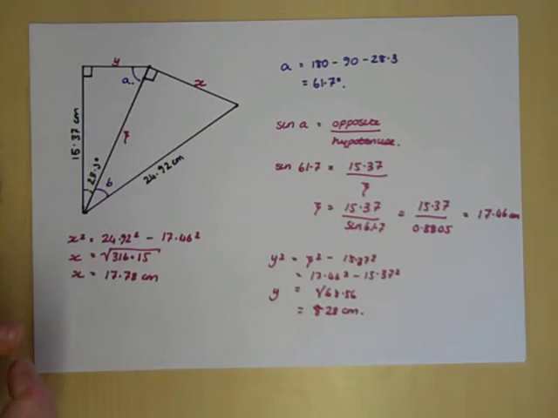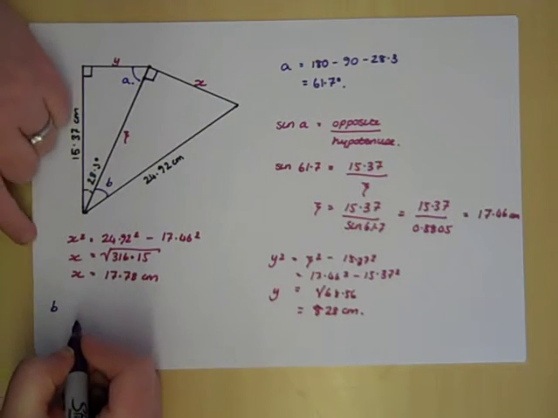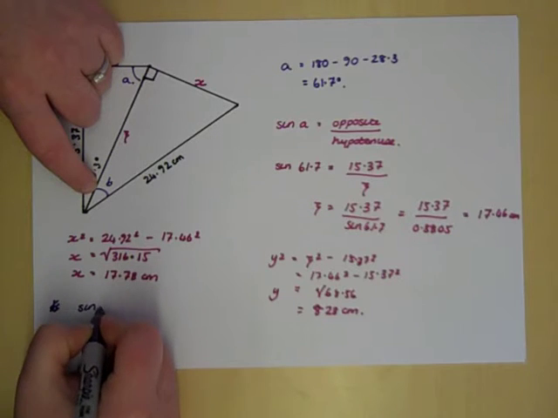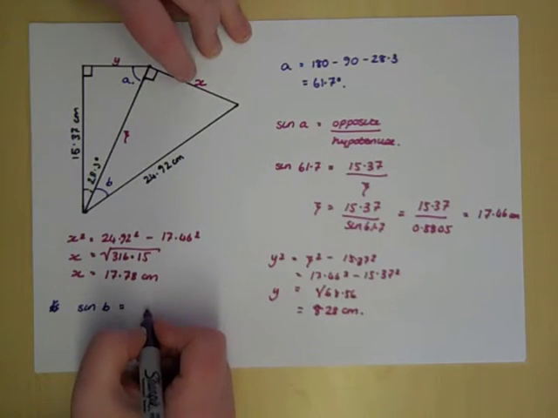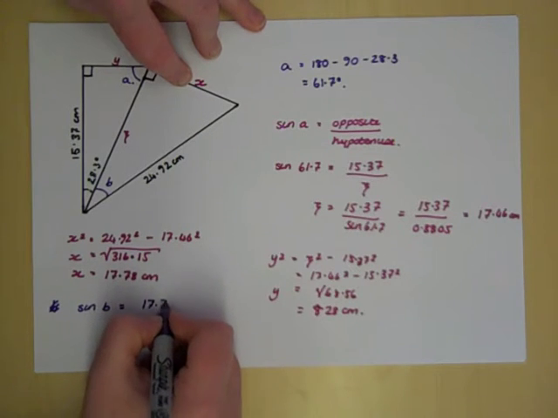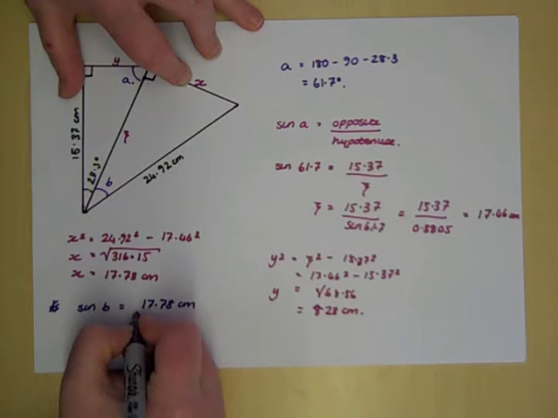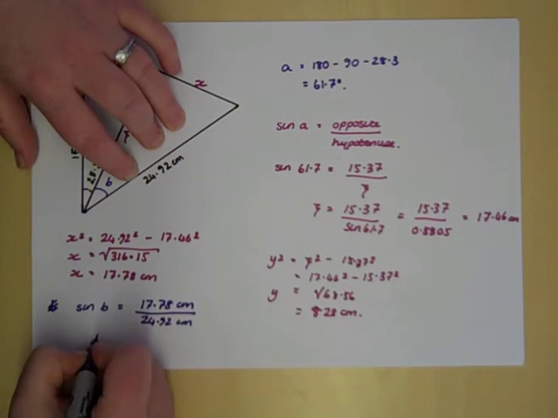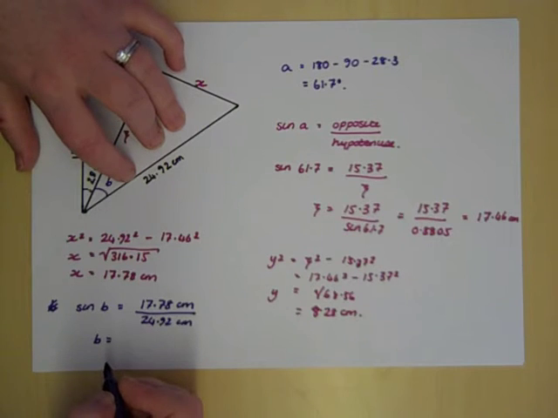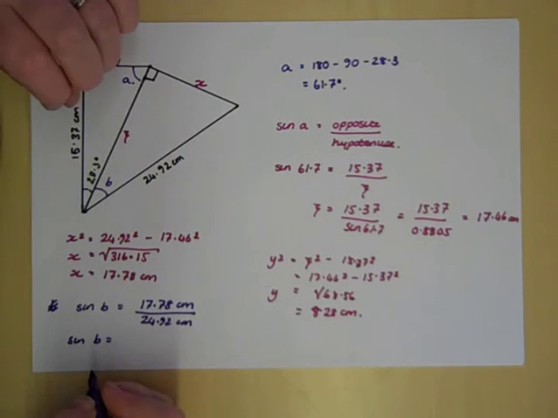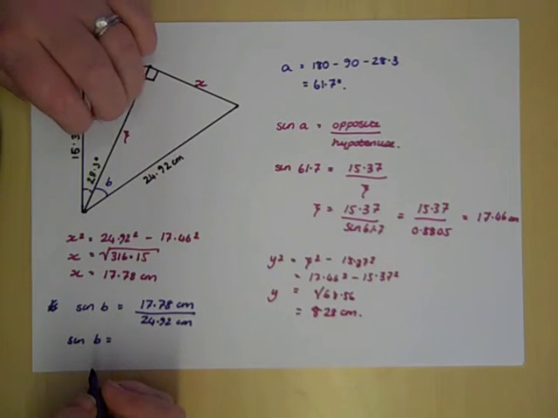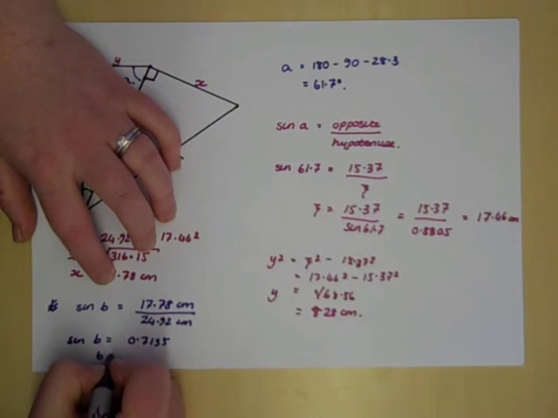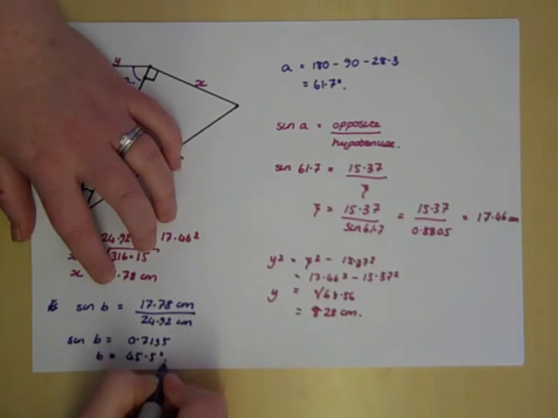I'm going to call this one here angle B. So sine B is equal to opposite, so this is X, 17.78 centimetres divided by 24.92 centimetres, and so sine B is equal to 0.7135, and so B is equal to 45.5 degrees.